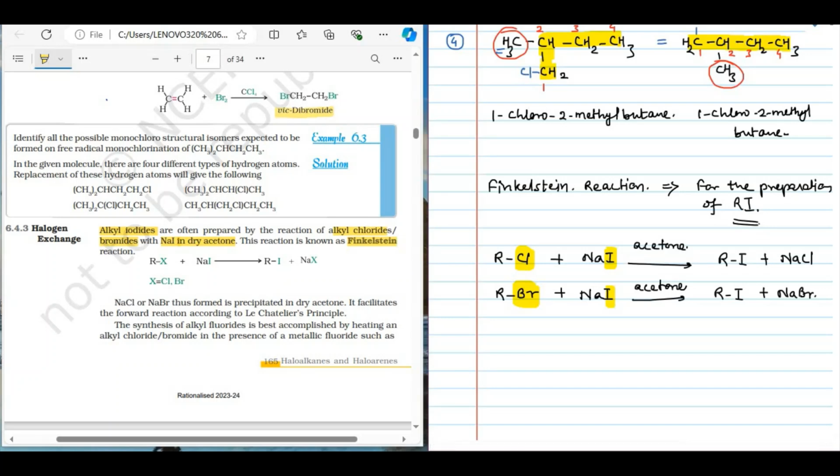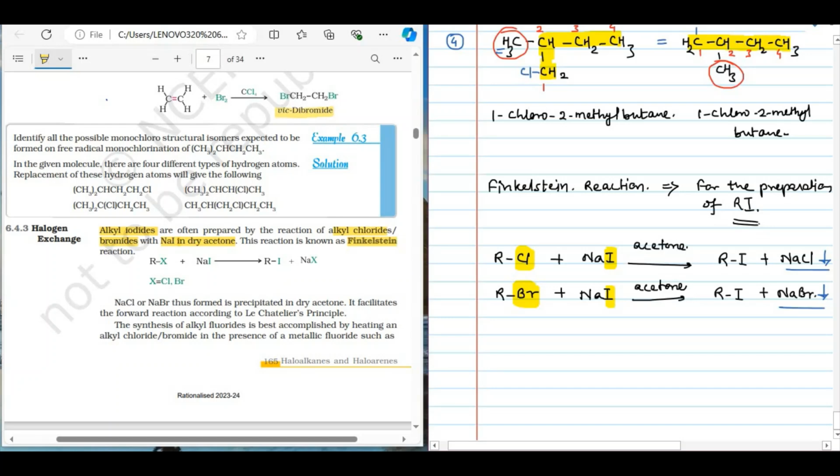This NaCl and NaBr get precipitated in acetone because they are insoluble in acetone. That's why they get precipitated.